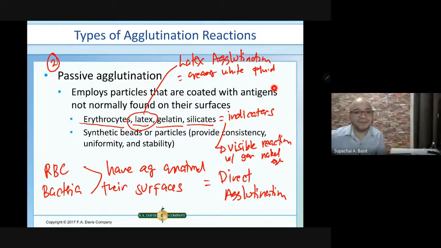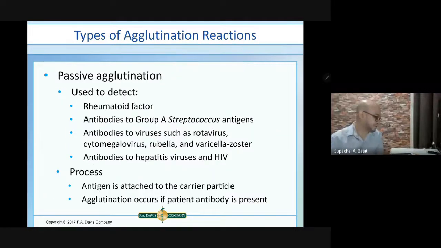The common denominator of erythrocytes, latex, gelatin, and silicates is that they are actually synthetic beads or particles, and they provide consistency, uniformity, and stability. Okay? So that is passive agglutination.